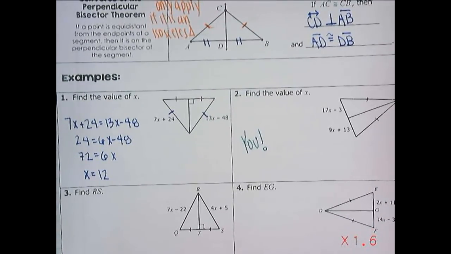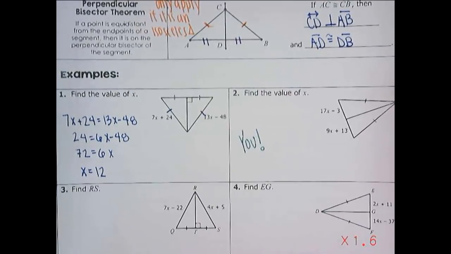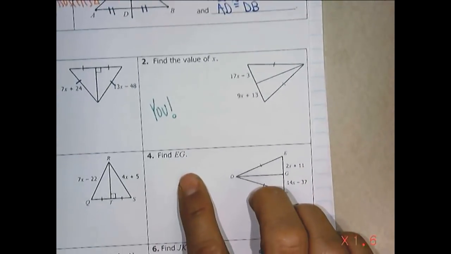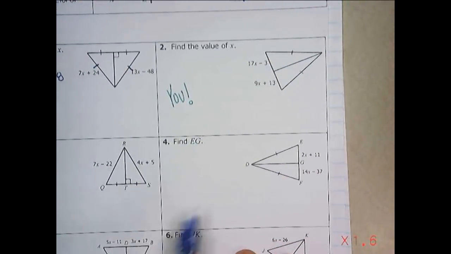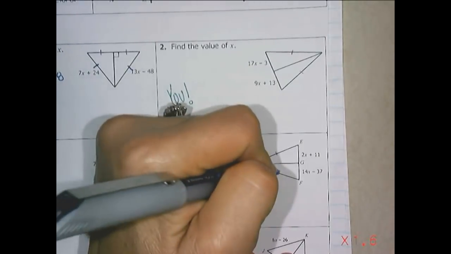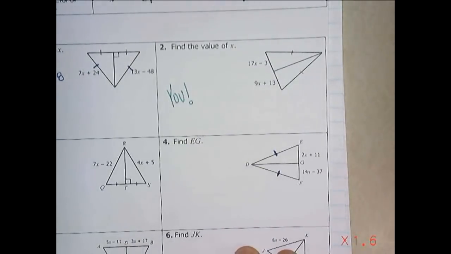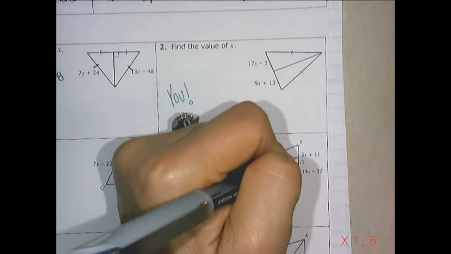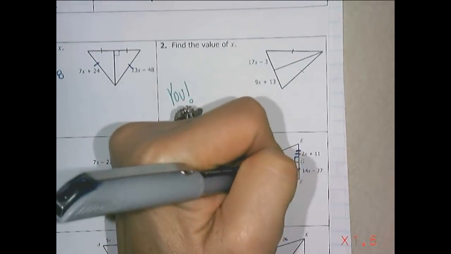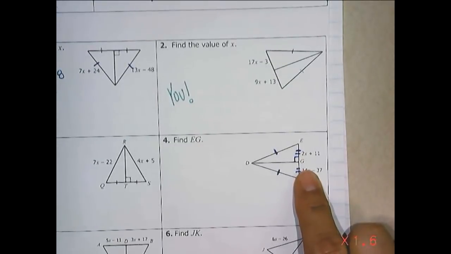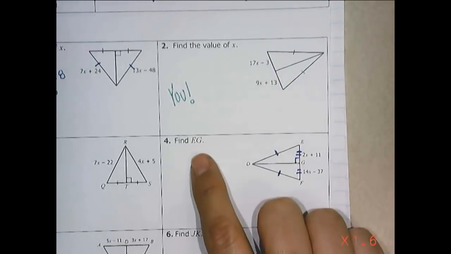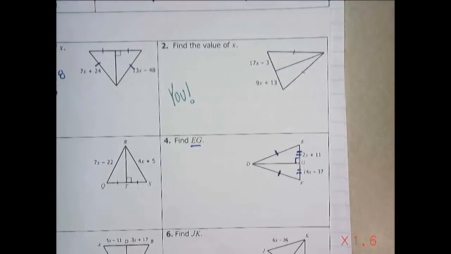All right, I'm going to jump over here, and I'm going to find EG now. I see that it's an isosceles triangle, right? Do you guys both see that? That means this is perpendicular, a 90-degree angle, and that these two pieces are congruent to each other. So I'm going to go ahead and solve. But remember, it's asking me to find EG this time.